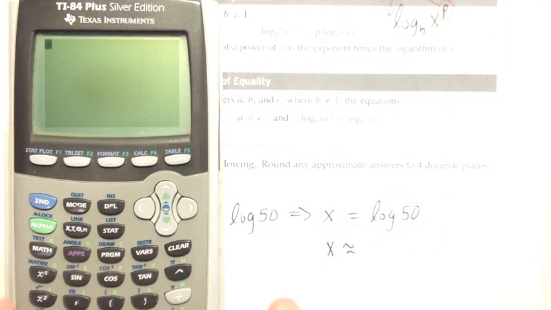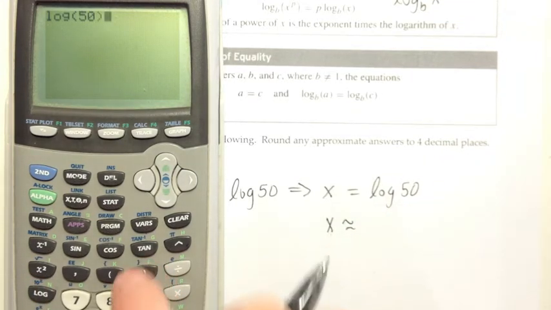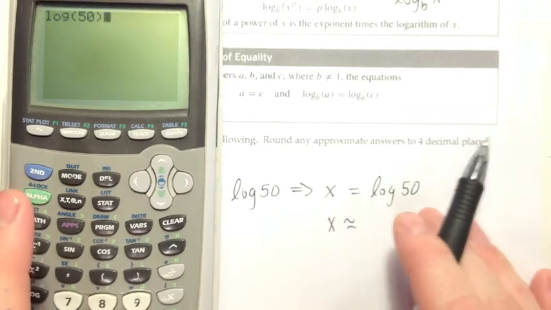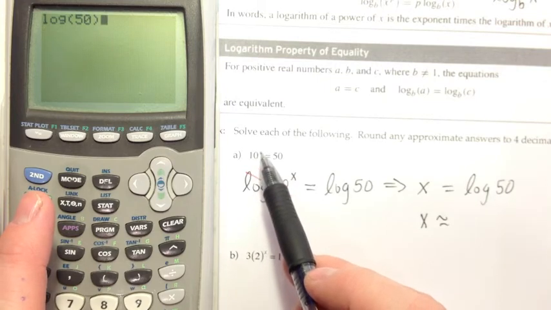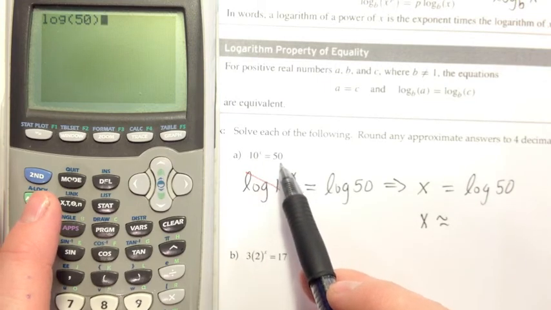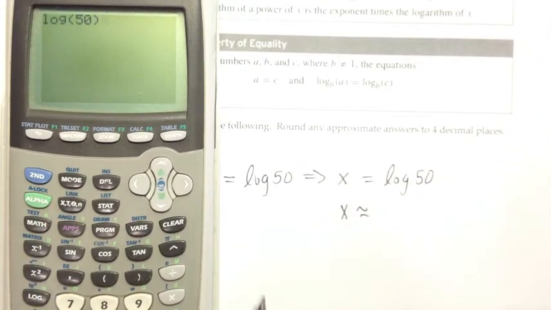So let's see, the common log key is right here. So I'll go ahead and press the log key, and I want the log of 50. And remember, just going back to the kind of logic of it, if I do 10 to the first, it's 10, so that 1 is too small of an answer. If I do 10 squared, it's 100, so 2 is too big of an answer, so this should be 1 point something. So let's see if it comes out that way.